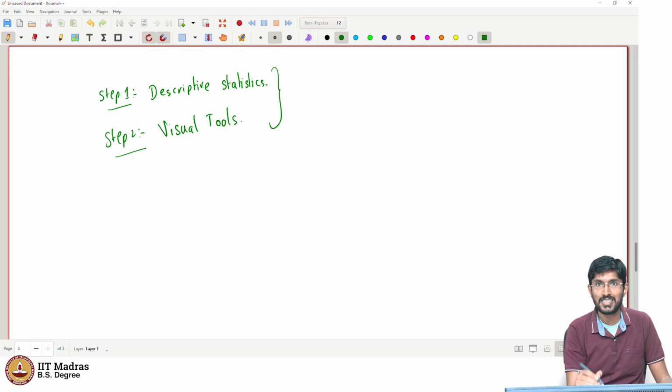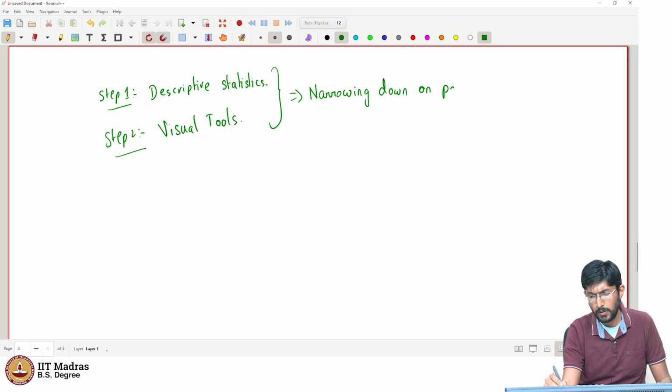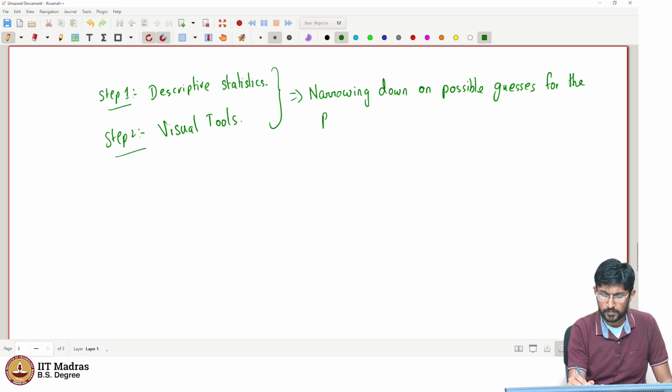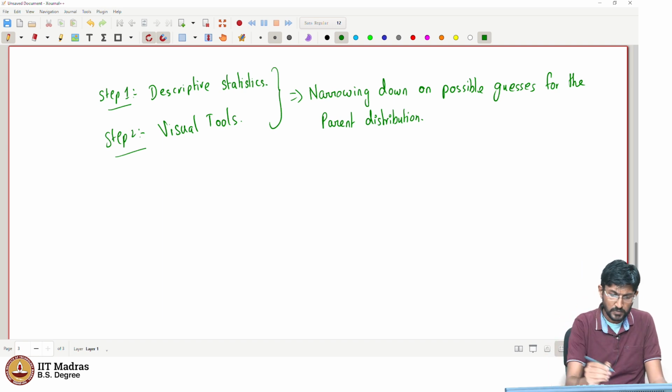So both these steps primarily focus on narrowing down on possible guesses for the parent distribution. So that is step 1 and step 2 that we would be performing.